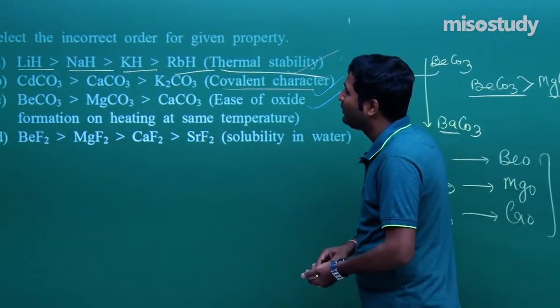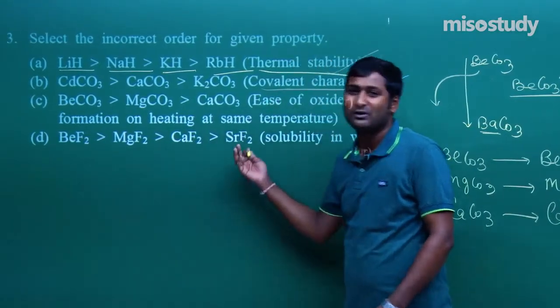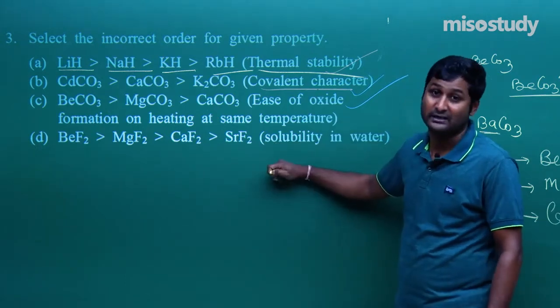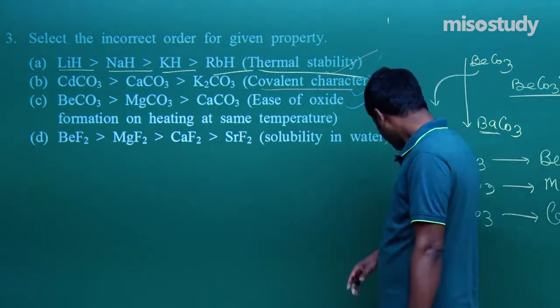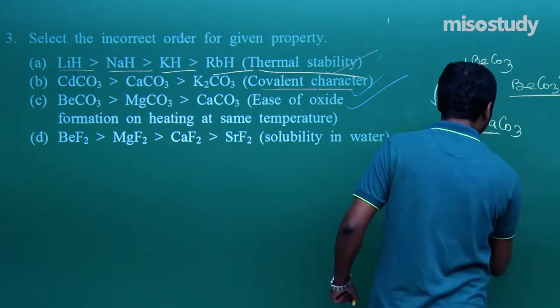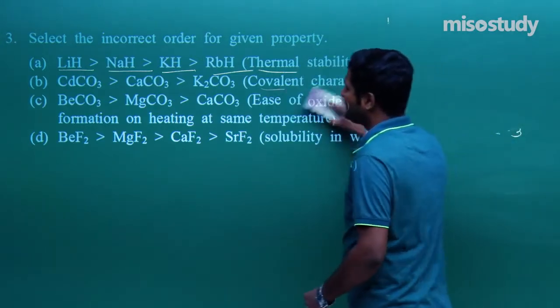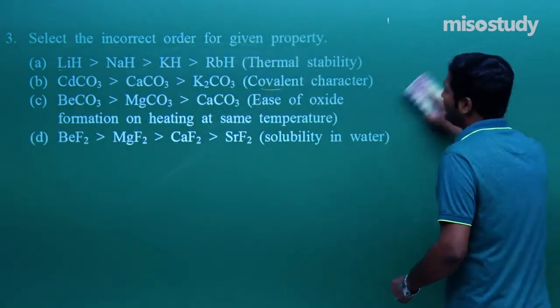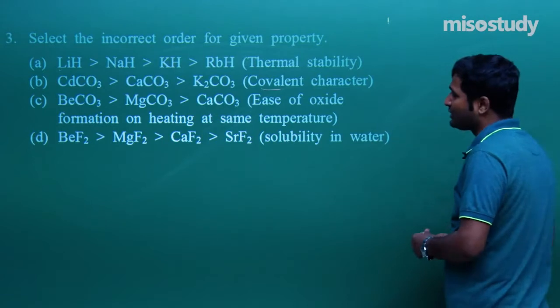Then definitely we do not need to explain this one, because this is a single option type question, and you can say, sir, this is an incorrect question. But still I am going to explain this. Wait for a moment. Now look here, that is BeF2, MgF2. This is slightly anomalous behavior, that is the solubility in water.